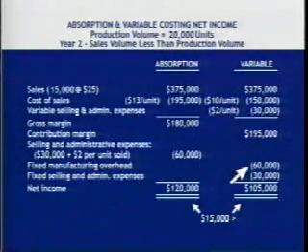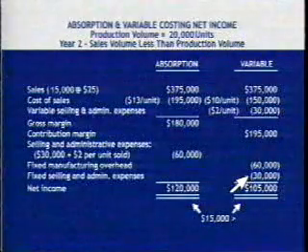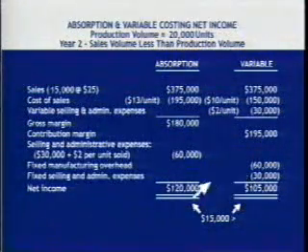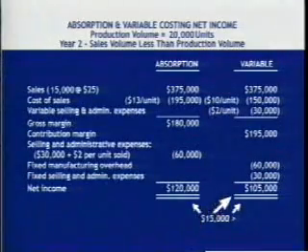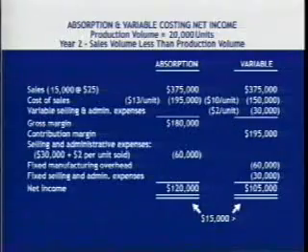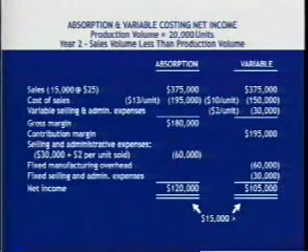For variable costing, all the fixed manufacturing costs and the fixed selling and administrative expenses are deducted, a total of $90,000. The result is absorption costing net income at $120,000, $15,000 greater than variable net income at $105,000. When production exceeds sales, as in year 2, absorption costing net income exceeds variable costing net income.